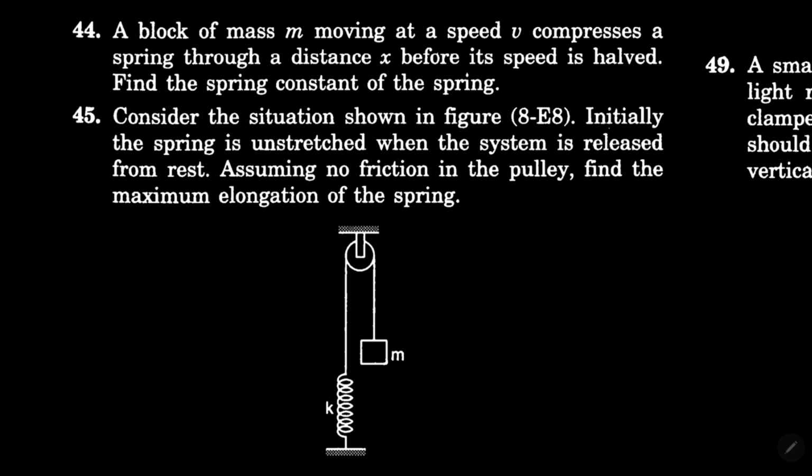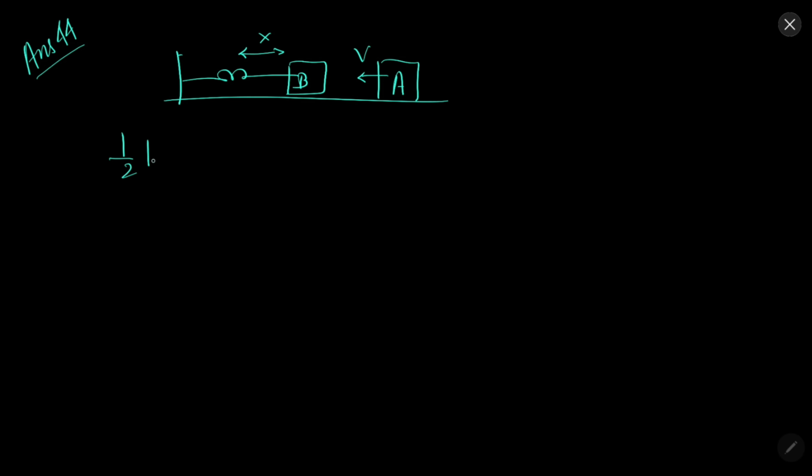In question 44, there is a block. We need to find the spring constant of the spring. So the scenario is something like this. So half kx square will be equal to half mvs square minus half mvb square.